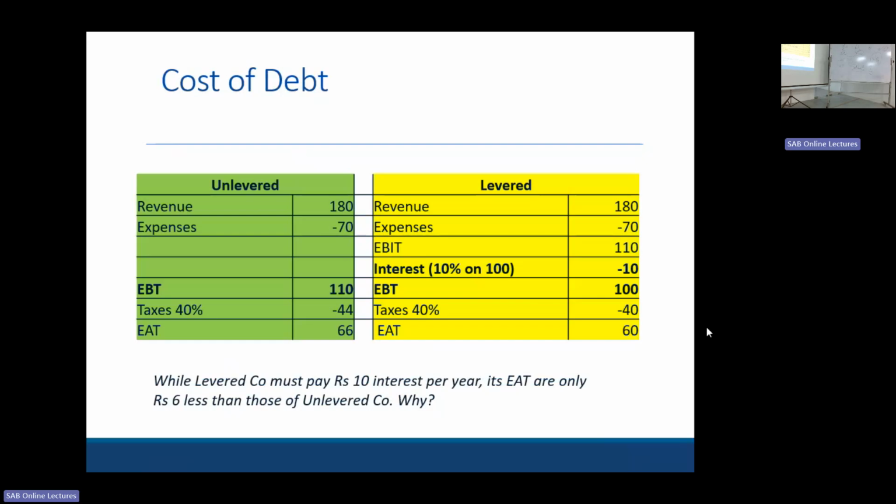Security, the bonds or the debentures. If the bond is issued with some sort of collateral, keeping some security, then with the collateral we call it a bond. Without any collateral, that is a debenture. Right. Okay. Now what you can see here.